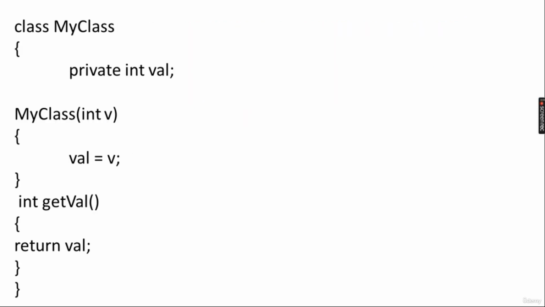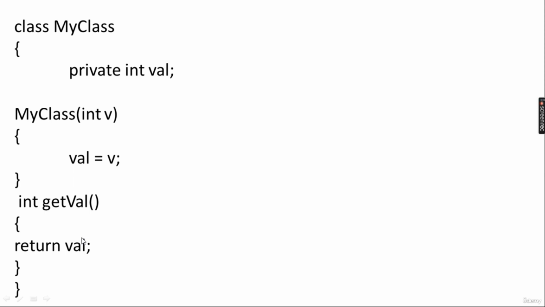For the collection, we have to import java.util. Then we create MyClass. In that, we declare a variable called val, which is private and an integer. The parameterized constructor initializes it like this: val equals v.